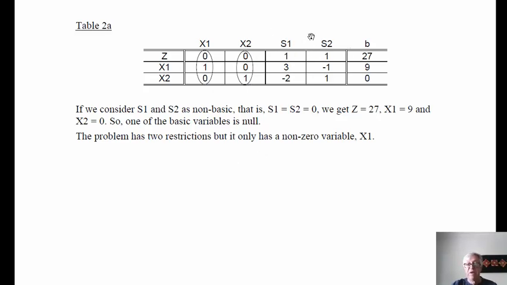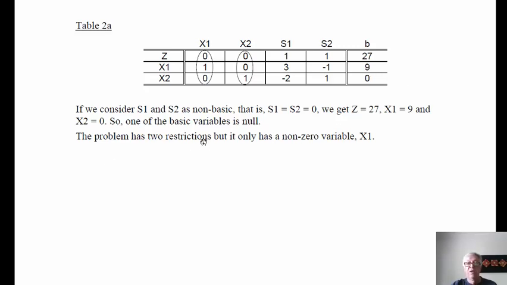This means that we are going to assign 0 to s1 and 0 to s2 to extract the value of z, which is 27, the value of x1, which is 9, and now the value of x2, which is 0. So what's the problem? We have only one variable different from 0. We have 2 restrictions, but only one variable different from 0.